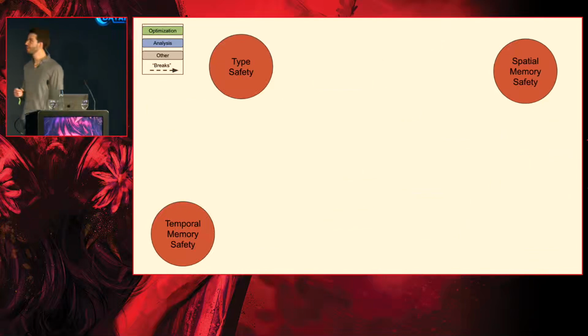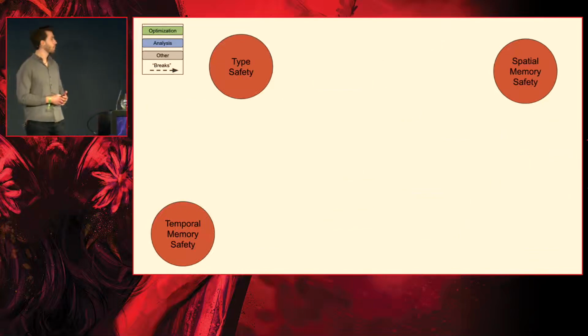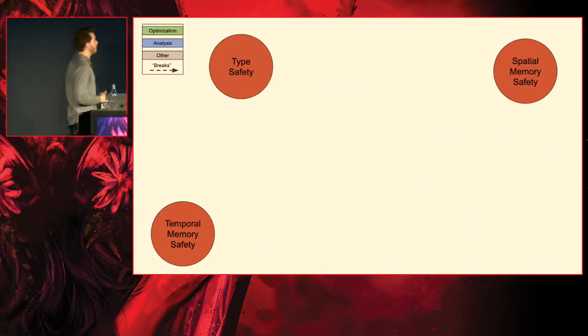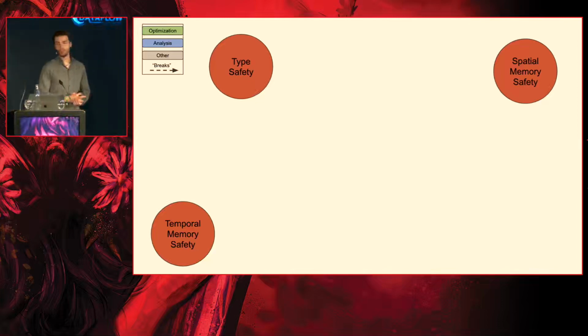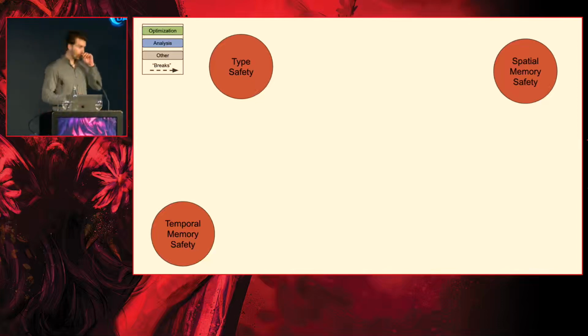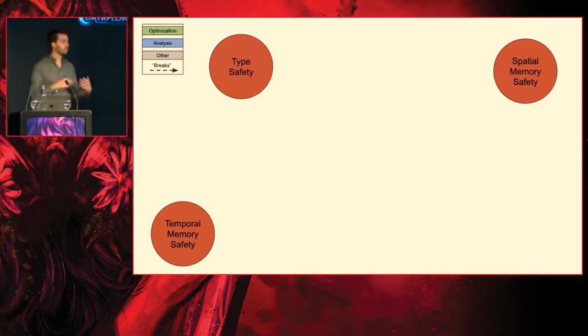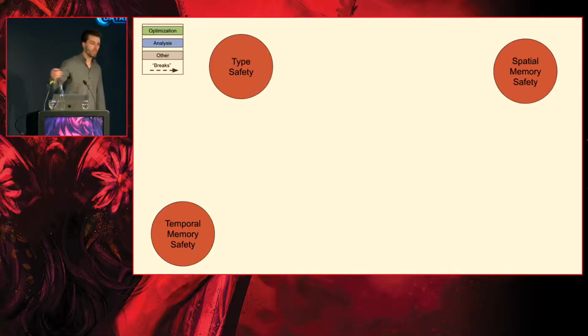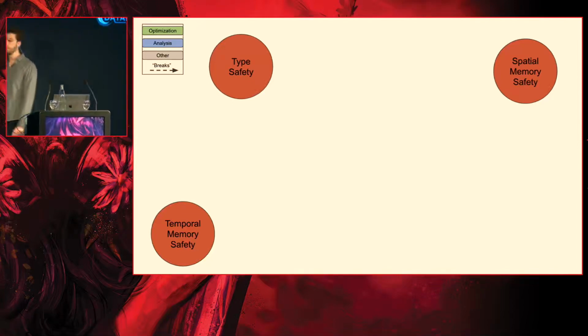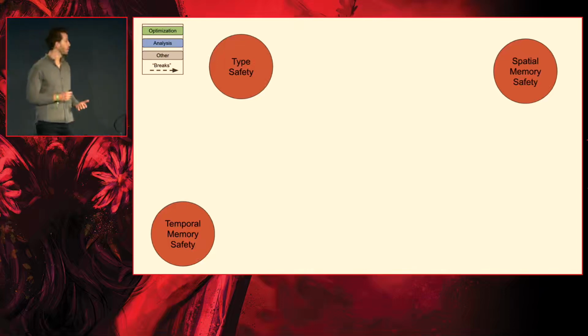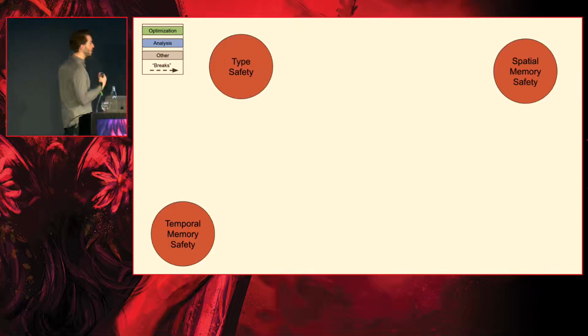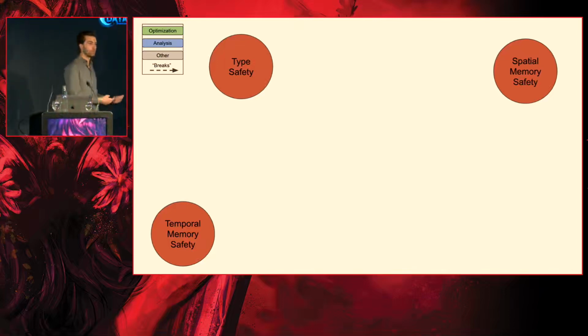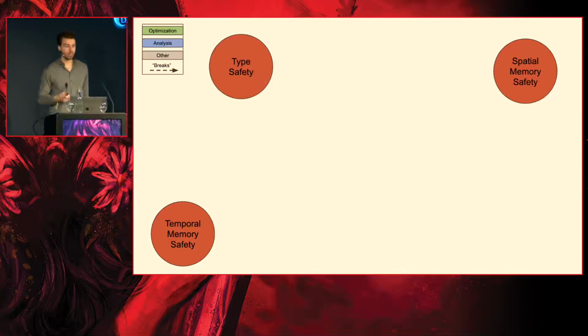So we start from these red bubbles. Those are the fundamental memory unsafeties, if you want. Spatial memory safety means if you have an array and you access it out of bounds, then you're violating that. Type safety is violated by a type confusion. You think your object is of type X, but really it's of type Y, so that's your type confusion.